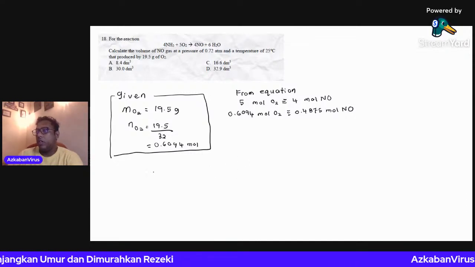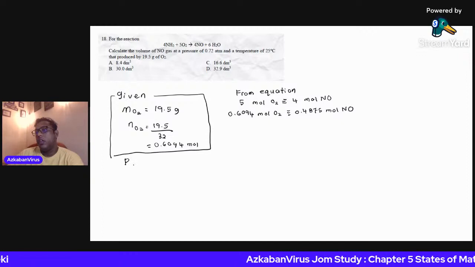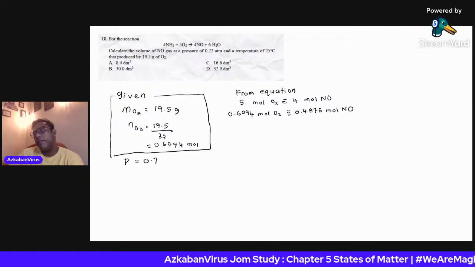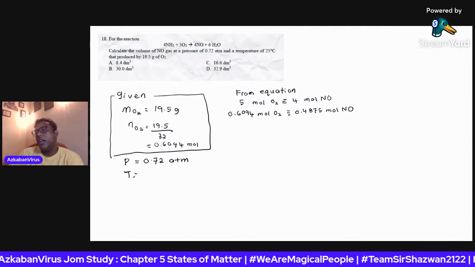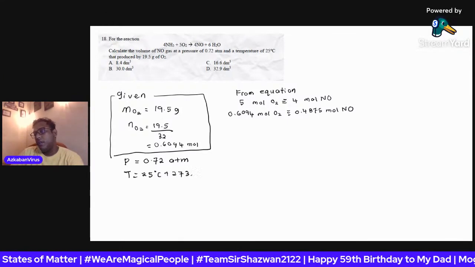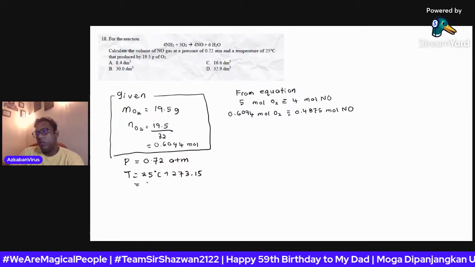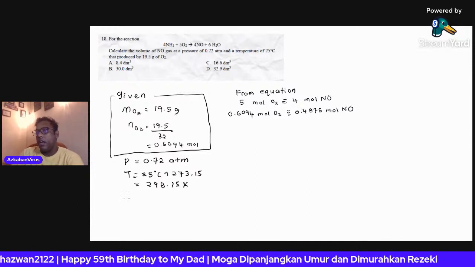Okay. So maklumat lain yang kita ada adalah pressure dia is equal to 0.72 atm. Temperature dia adalah 25 degree Celsius ditambah 273.15 which is equal to 298.15 Kelvin.